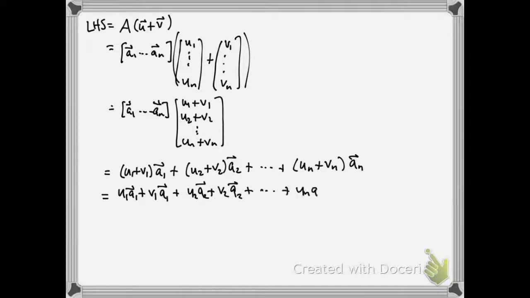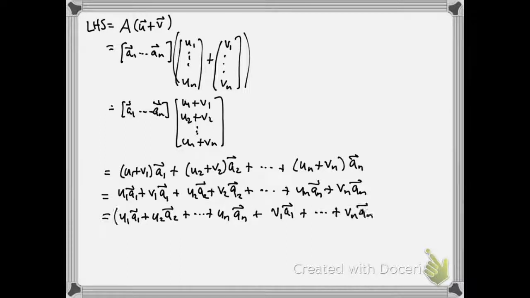And now I'm using the property that scalar multiplication will distribute across the scalar addition. And now I'm using the fact that vector addition is commutative, so I can put all the entries involving the u's together and all the entries involving the v's together. And then this is just A times u plus A times v, which is the right-hand side as desired.